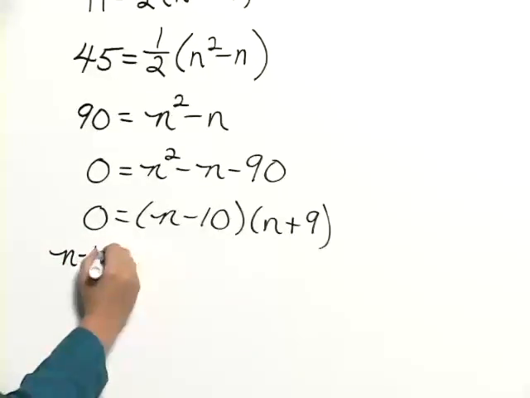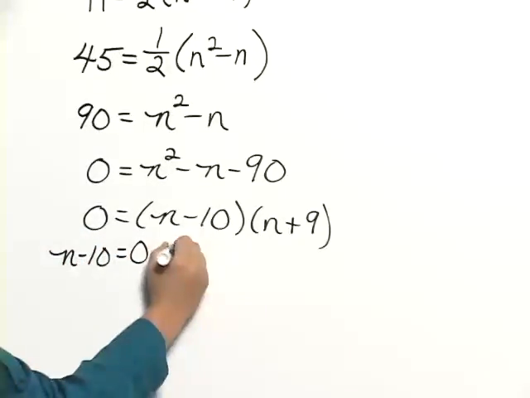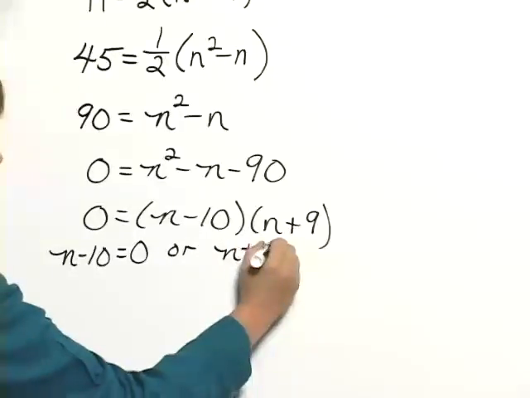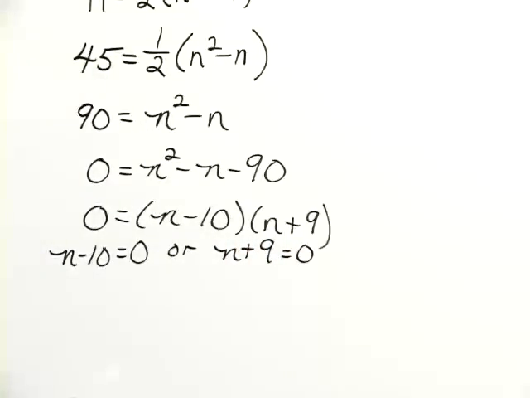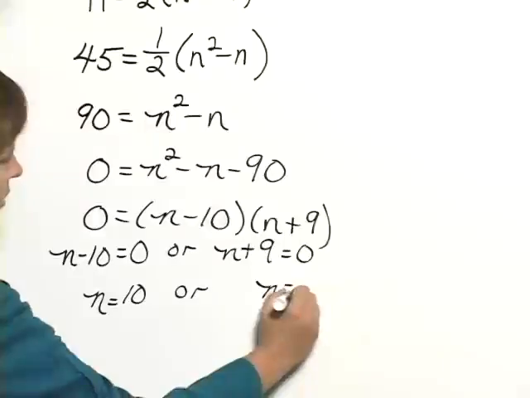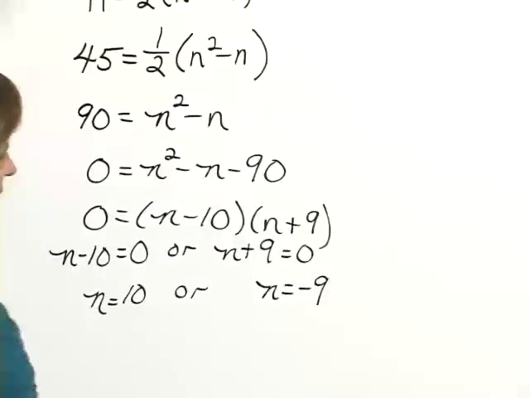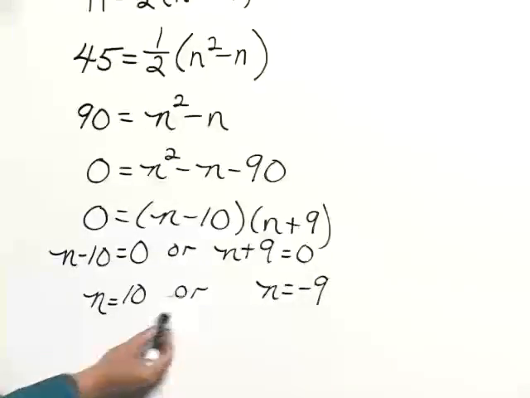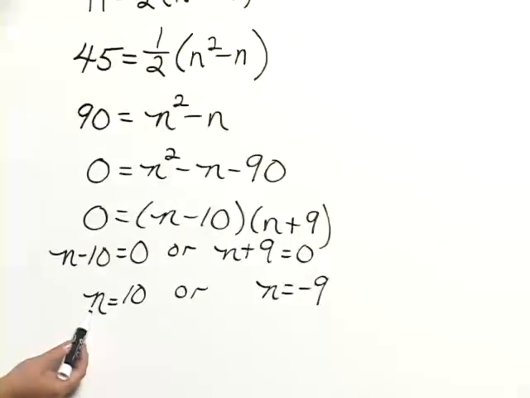We have n minus 10 equals 0, or n plus 9 equals 0, which gives us n equals 10, or n equals -9. And since we're talking about people, we don't want to use a negative number, so we will try the number of people being 10.